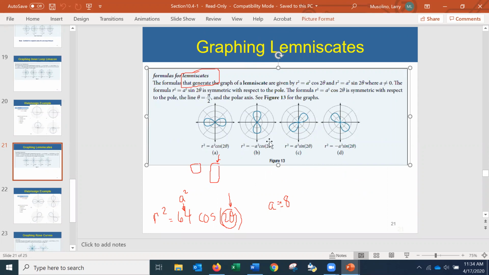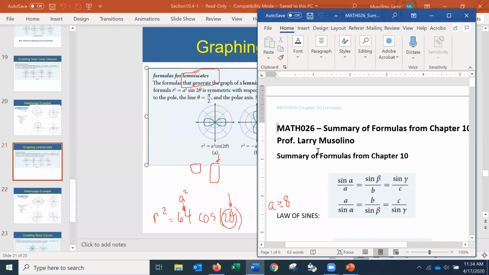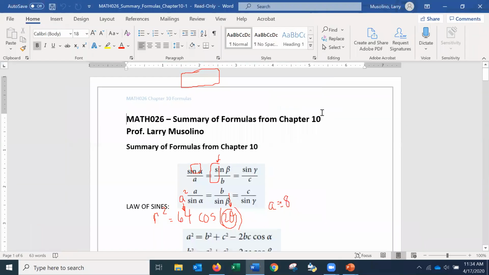Okay. By the way, folks, all of these graphs are on the Chapter 10 summary. So let me show you the Chapter 10 summary just to emphasize that all the formulas that we need for Chapter 10 are here. Law of sines is here.